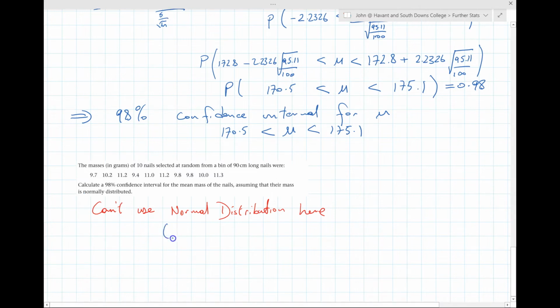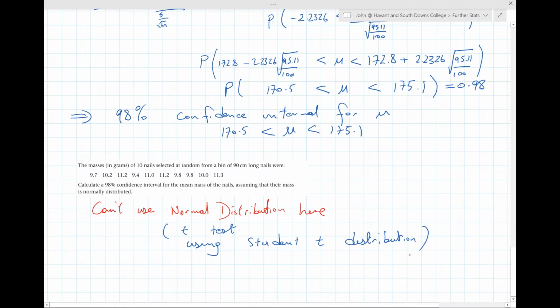And there, the method is the t-test, using the student t distribution. It's not on the OCR course that many of my listeners are doing, but it is on others.